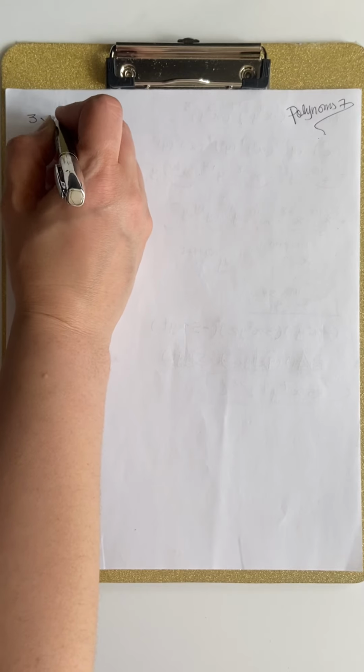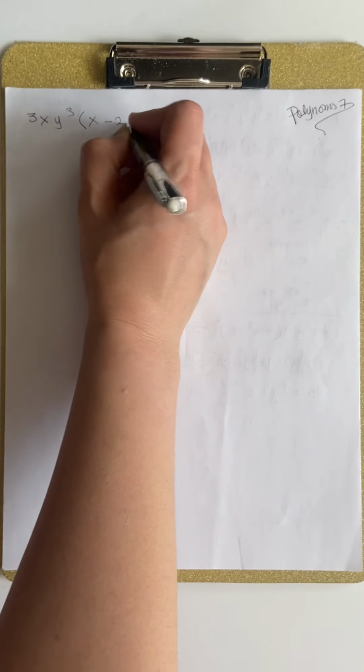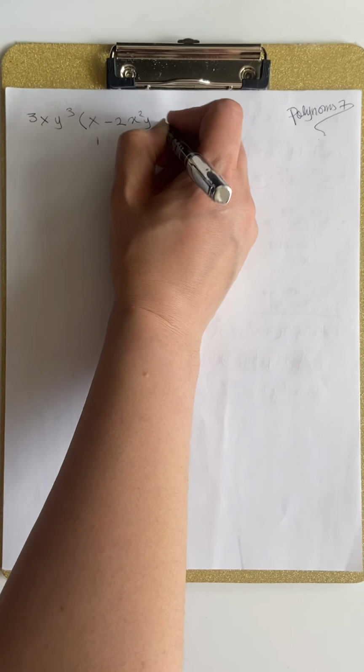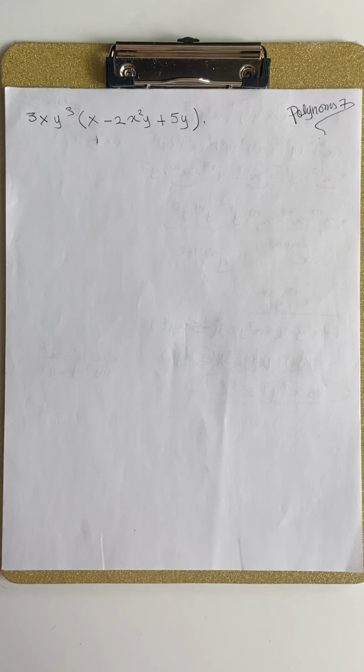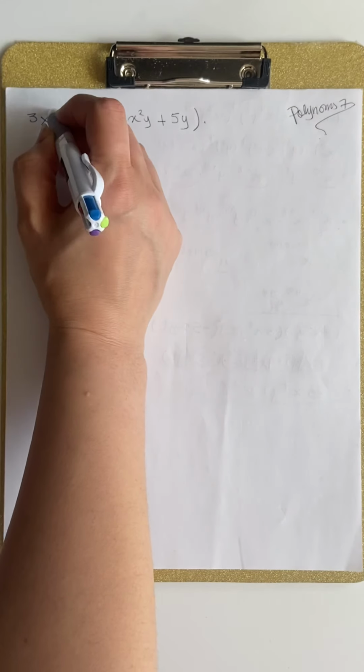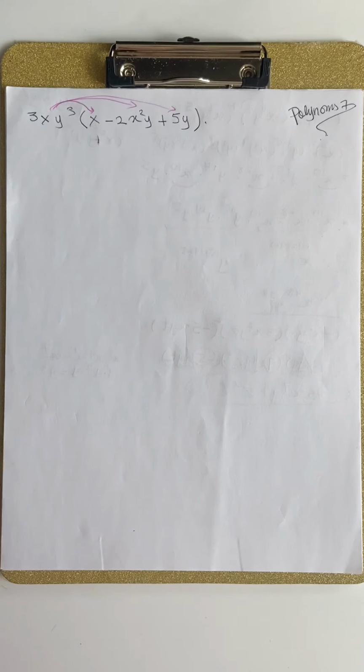3xy^3 (x - 2x^2y + 5y). How are we going to multiply? For these multiplications, what we need to do is distribute multiplication into addition and subtraction, right?